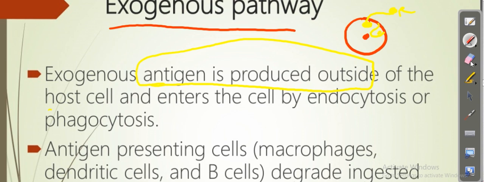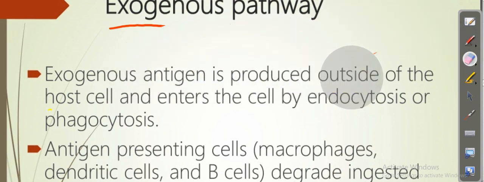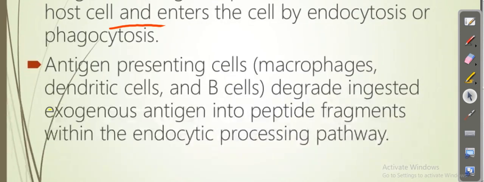So antigen presenting cells like macrophages, dendritic cells and B cells degrade the ingested exogenous antigen into peptide fragments with the endocytic processing pathway.